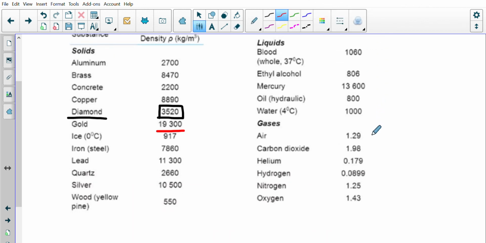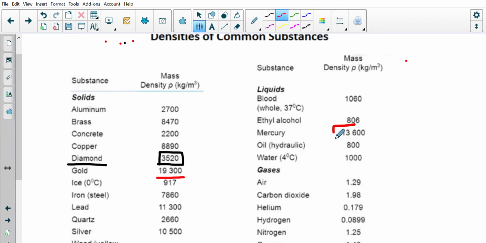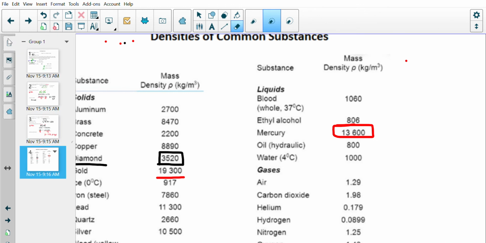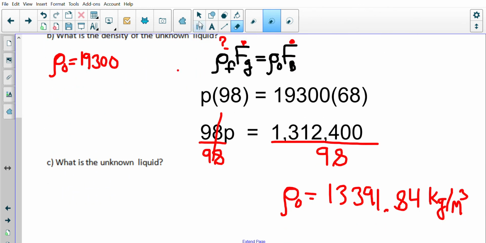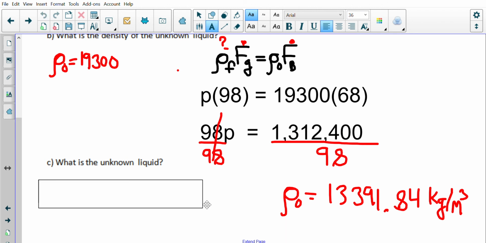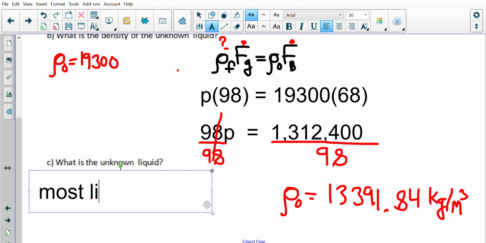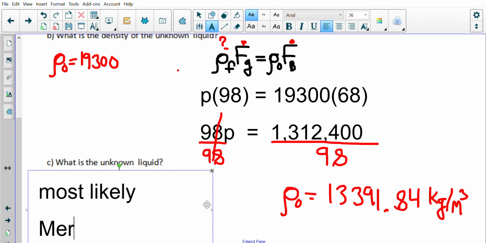And nothing's even close, so it must be mercury. Just might not be pure mercury. Might have a little bit of mix in there. But it looks like it's going to be mercury for us. Most likely mercury I'll throw down. So let's put that in there. Most likely mercury. I don't think anything was even close. So it just had to be mercury with a little bit of something else mixed in there.